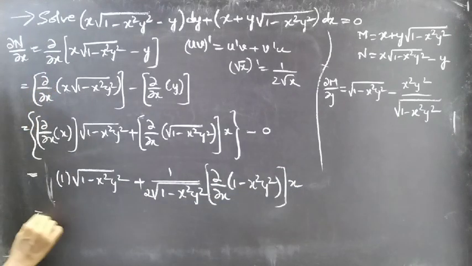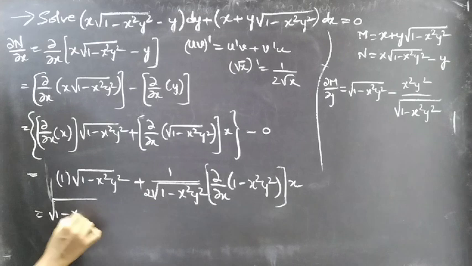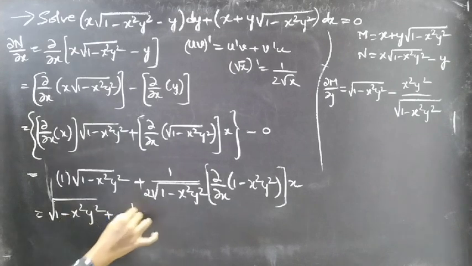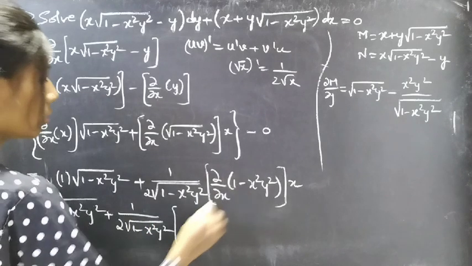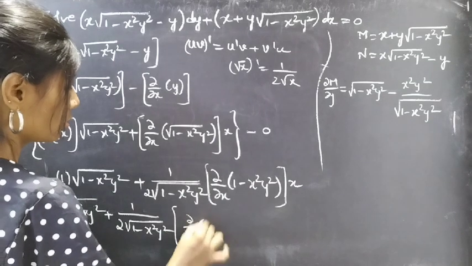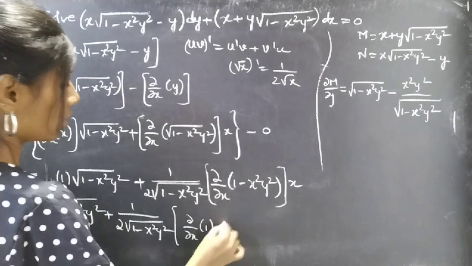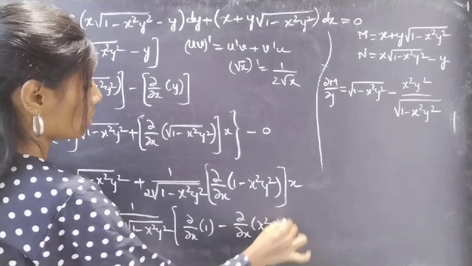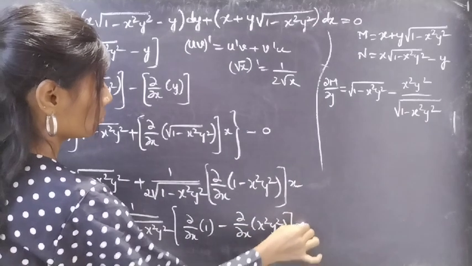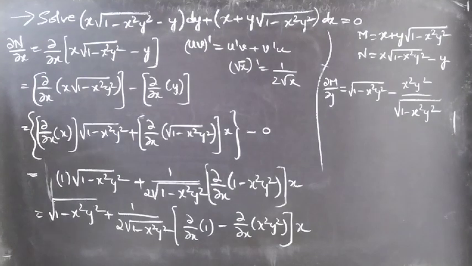Right? This gives us square root of 1 minus x square y square plus 1 by 2 into square root of 1 minus x square y square into partial derivative of 1 with respect to x minus partial derivative of x square y square into x.